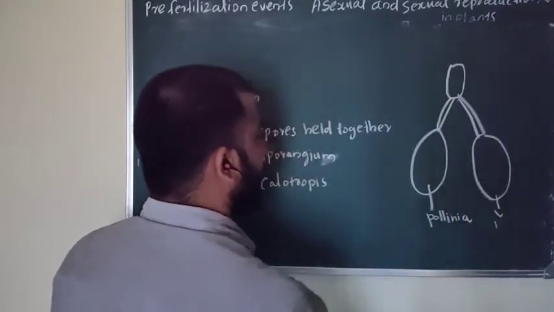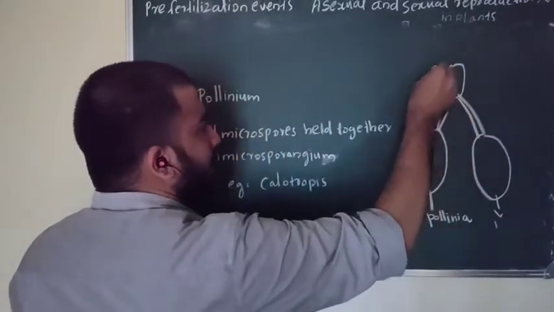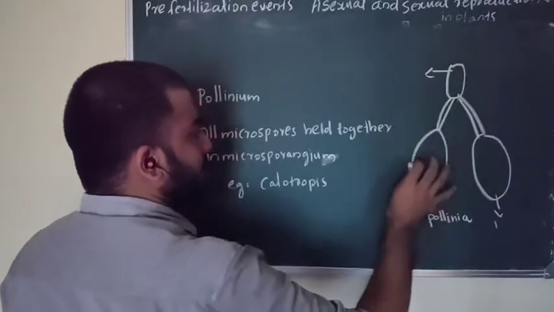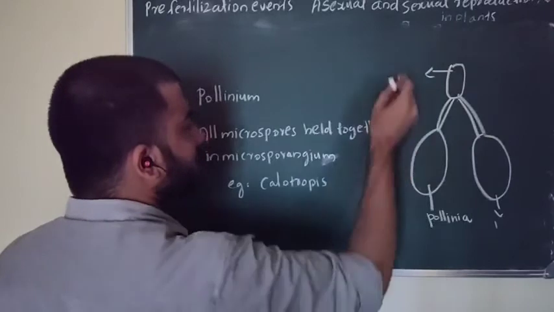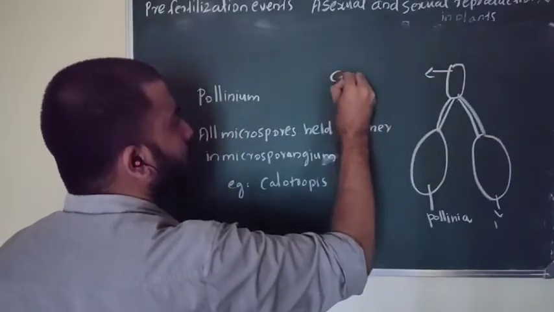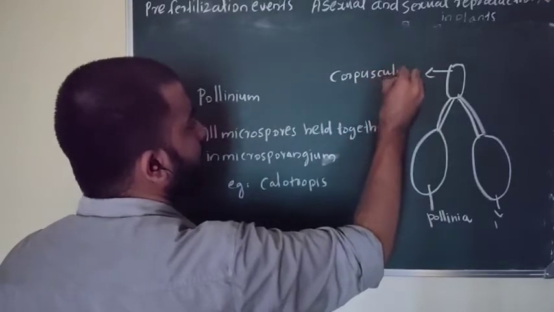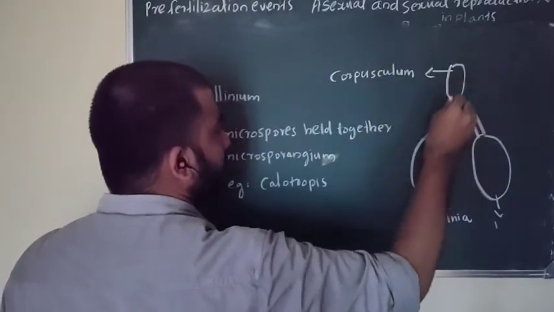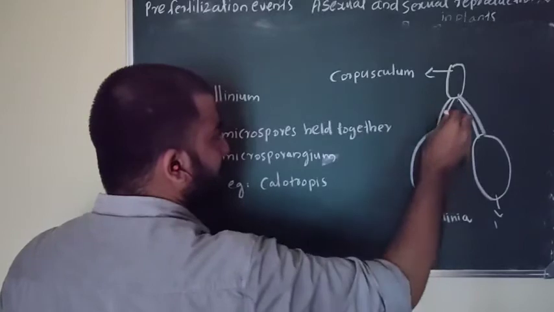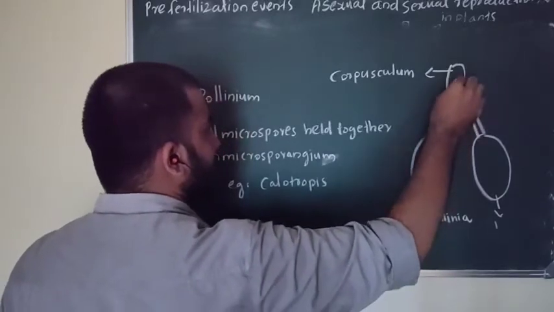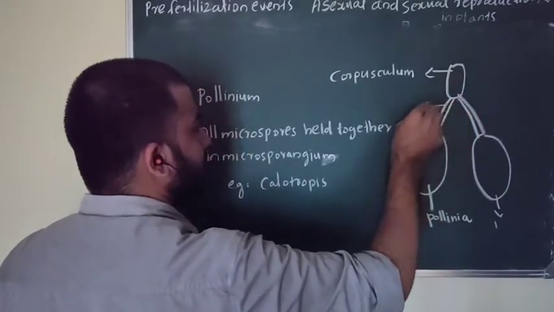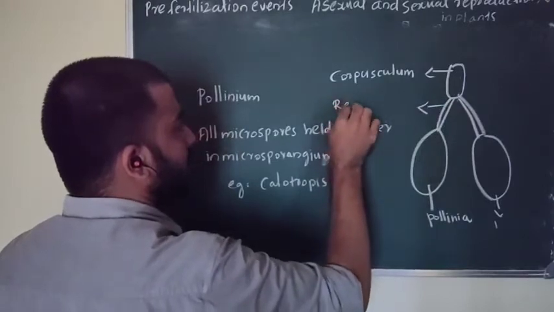This is another pollinia, and this clip-like structure present on the pollinia is called the corpusculum. A filamentous structure from the pollinia connected with the corpusculum is called the retinaculum.